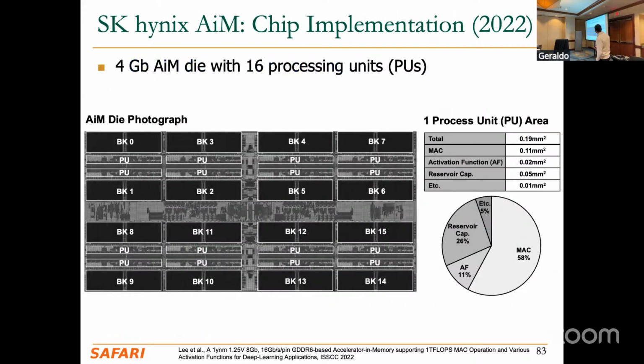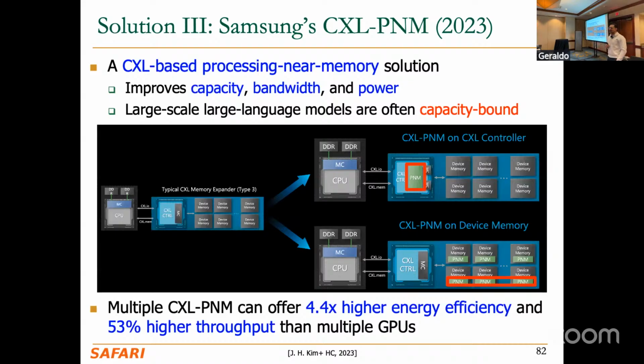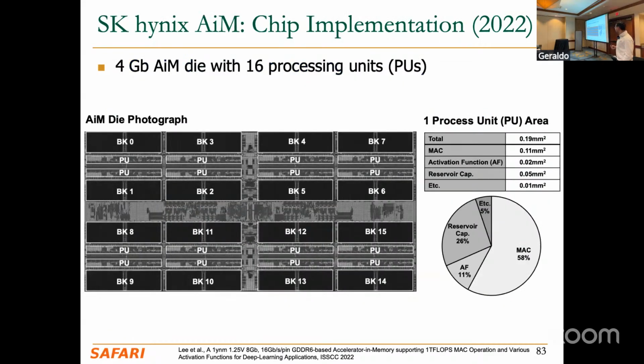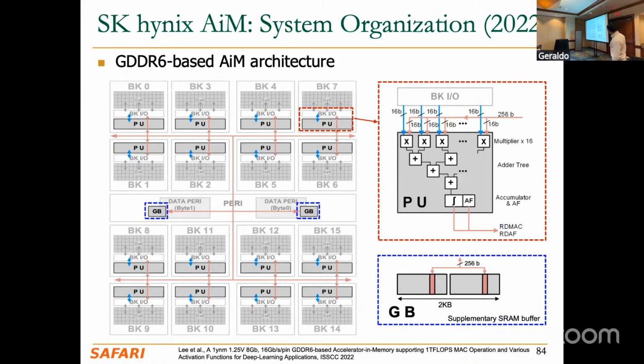Okay, so Samsung is not the only one doing this right now. SK Hynix also has their prototype. It's called AIM. Again, it's for neural network inference, and here is just a prototype of their chip. Basically what they are doing is adding some processing engines nearby DRAM banks. I have an example here of their organization.